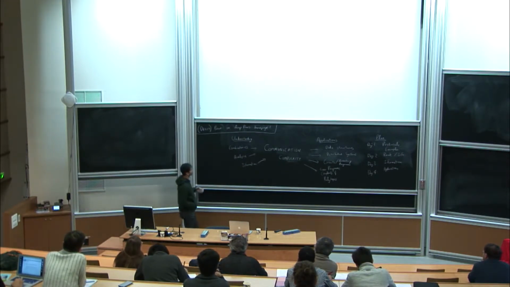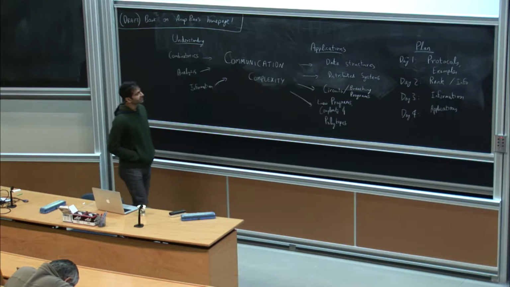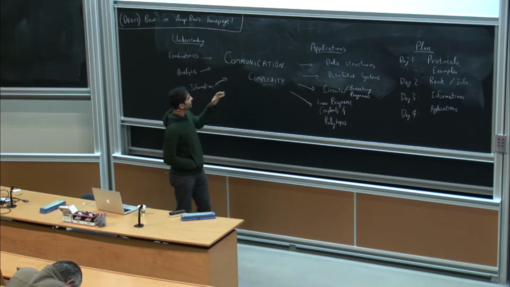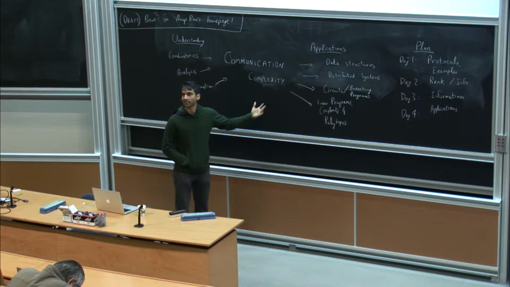There's a role of combinatorics, analysis, and information theory, and all of them give results in this model. And it's very nice in terms of the understanding and theory that you get out of it. But it also seems to have many different diverse applications.